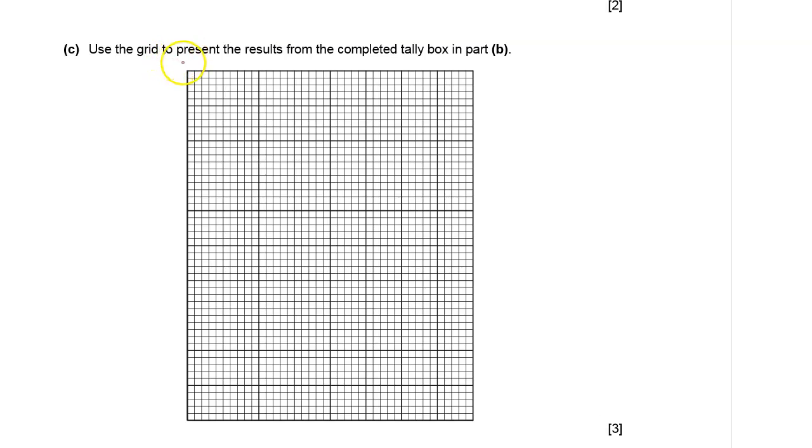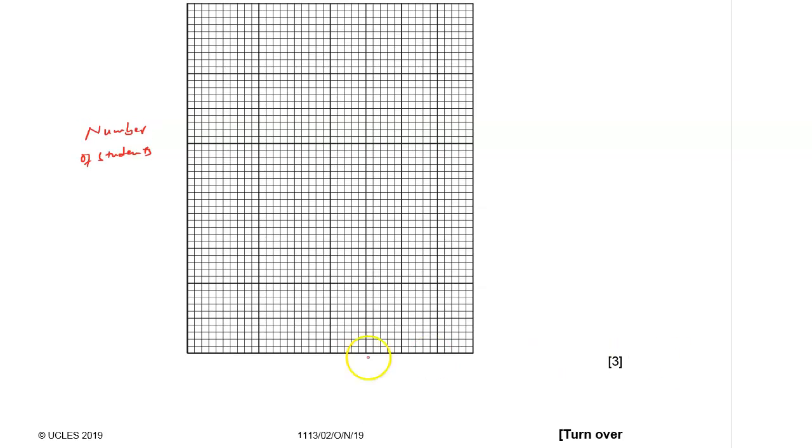Use the grid to present the results from the completed box in part B. I will put the number of students on the y-axis, and then I will go for temperature on the x-axis.